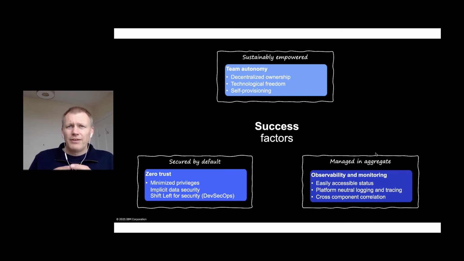So secure by default is another key thing, and then finally managing in aggregates. As we look at the complete set of many, many more components that we're going to see out there if we've gone to a more fine-grained architecture, we need to recognize that if Kubernetes is looking after a set of containers for us, it's going to be growing them elastically and equally killing them off on our behalf on a regular basis.